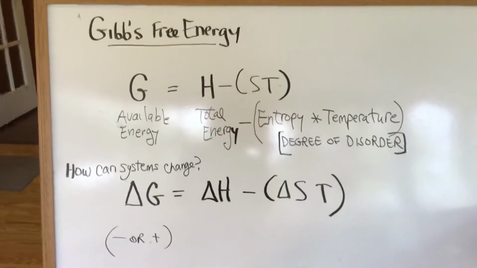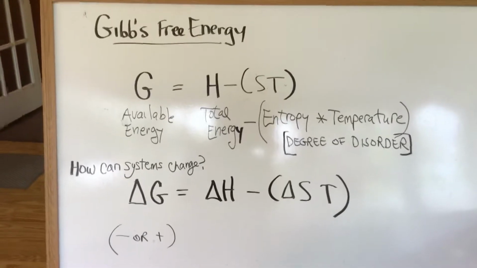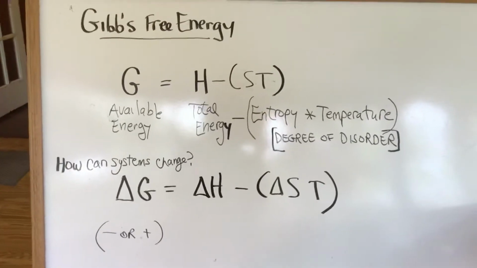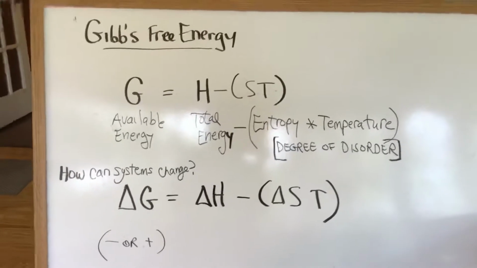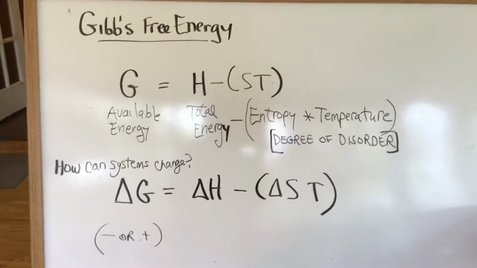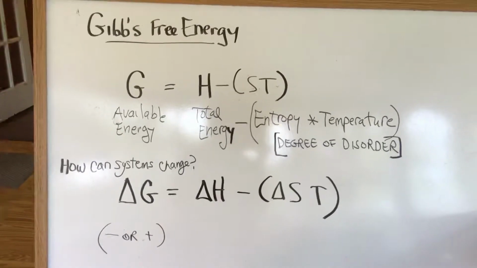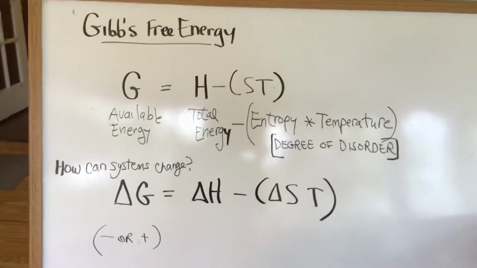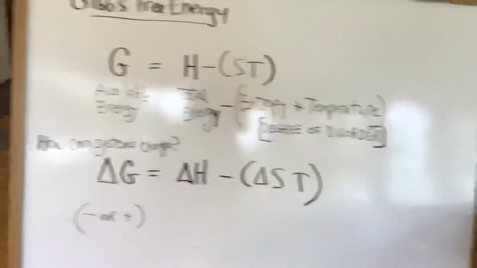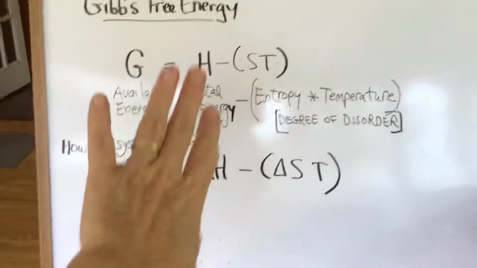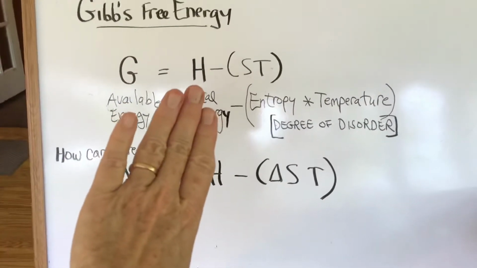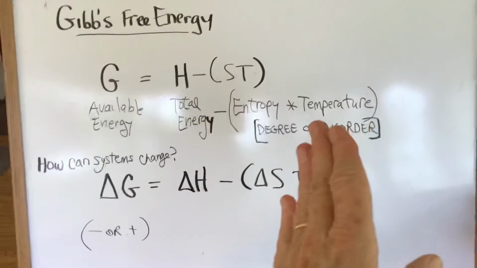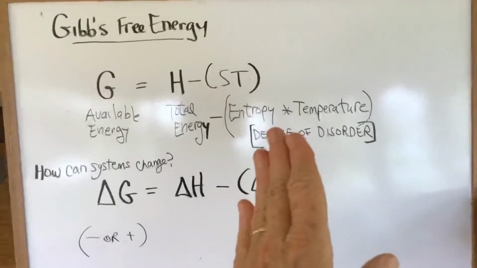And what the Gibbs part is, of course, it was named after a guy that came up with this concept. Gibbs free energy is basically the energy that is available for another system to use. And that's going to include the total amount of energy that would be found in the molecules present, minus the amount of entropy times temperature.